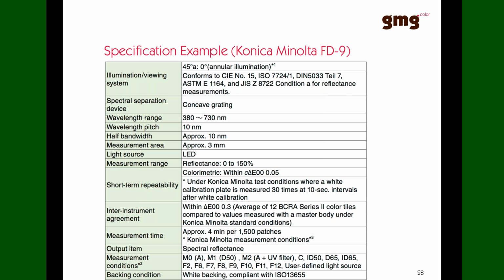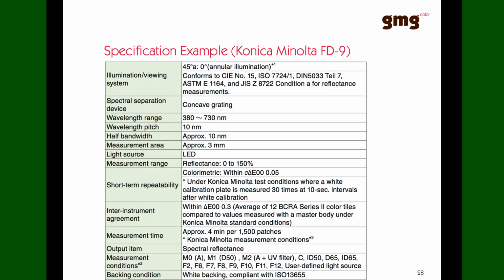Then this might be helpful, or an 8 millimeter aperture is, for example, used in textile measurement. So where you have the structure of your textile, and then a larger aperture usually helps to flatten the results to get more even measurement results.